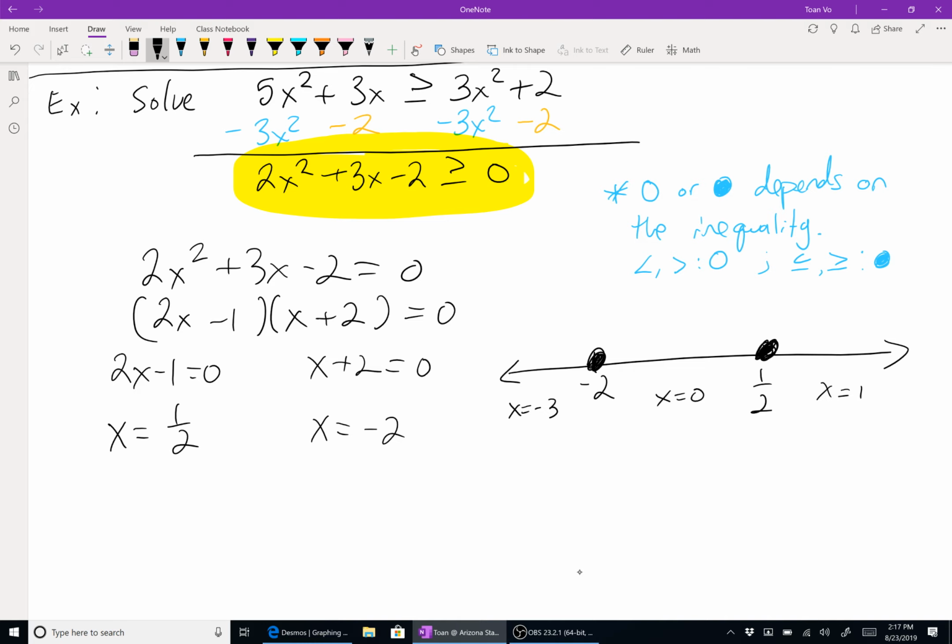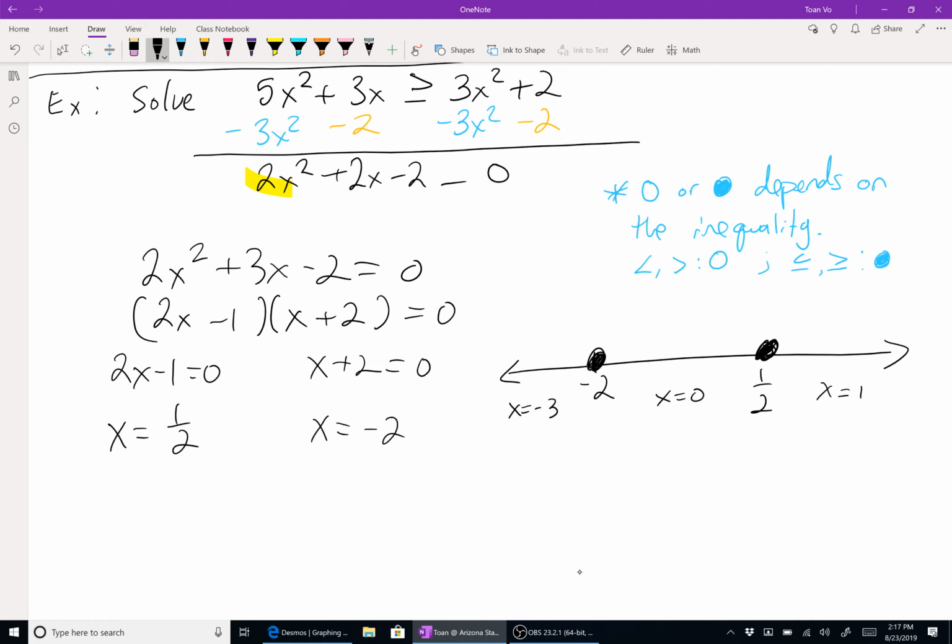The question is, what do you plug it into? The idea is that you want to plug it into the inequality that you get once you have a 0 on one side. So it was at this stage here. I'm going to erase the highlight. It was at, I highlighted a whole bunch. Oops. You know what?